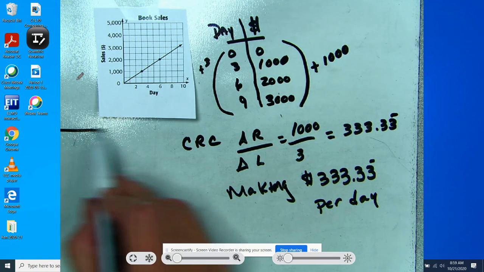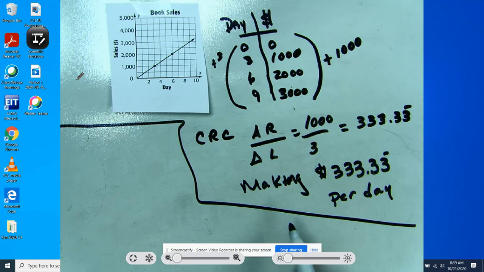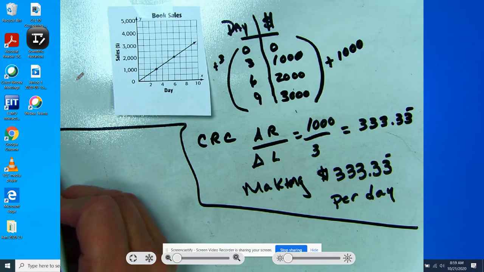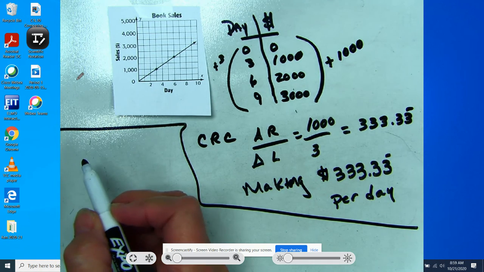Now, is it proportional? To know if it's proportional, we're going to make some fractions. So 0 over 0 is kind of a useless thing.